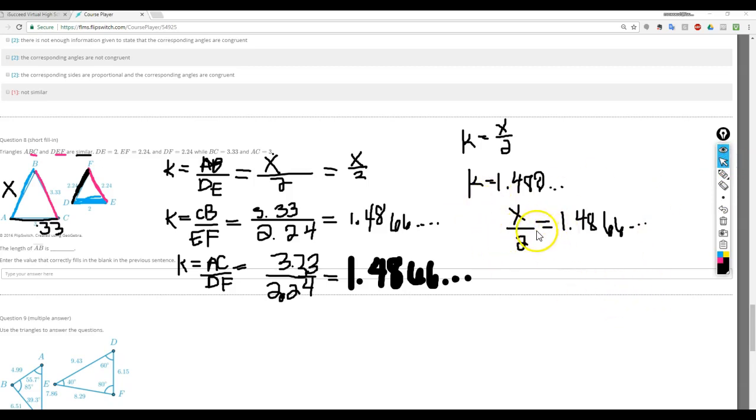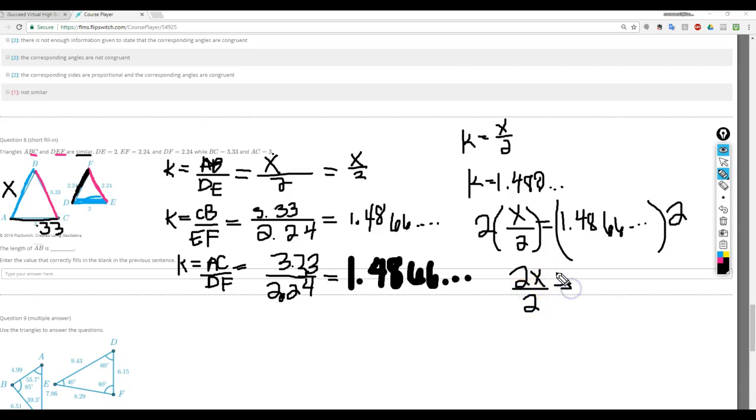And in order to solve for x, since I'm dividing by 2, I would use our multiplication property of equality and multiply by the reciprocal of 1/2, which is 2. So 2 times x divided by 2 is 2x divided by 2.